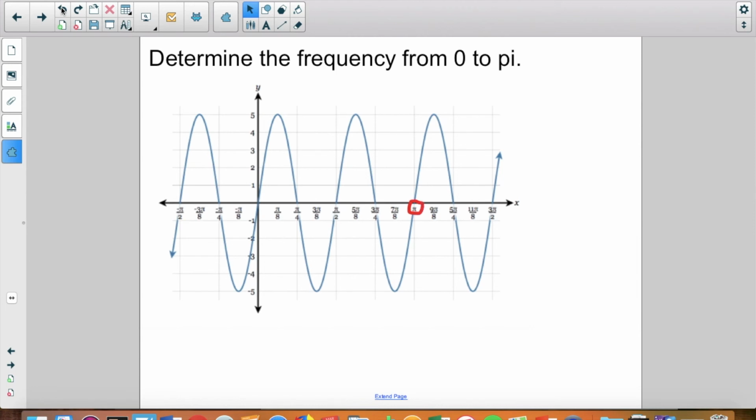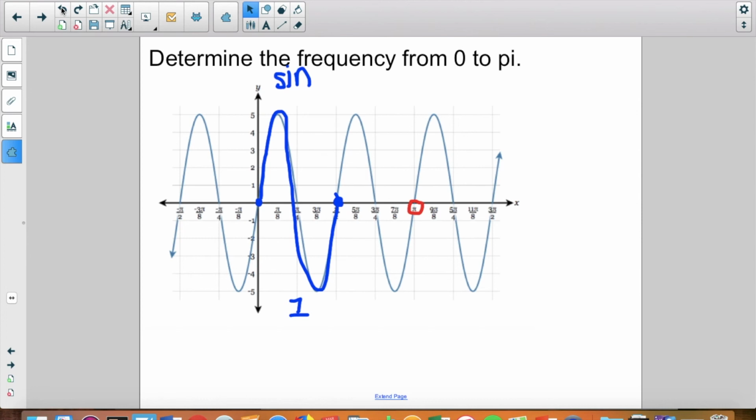Now, if we look at this graph, we'll notice that it starts at 0, so it starts at the midline. That tells us that this is a sine graph. I'm going to see how many full cycles this graph goes through from 0 to pi. I'm going to outline one cycle. So here, that was one rotation of sine.